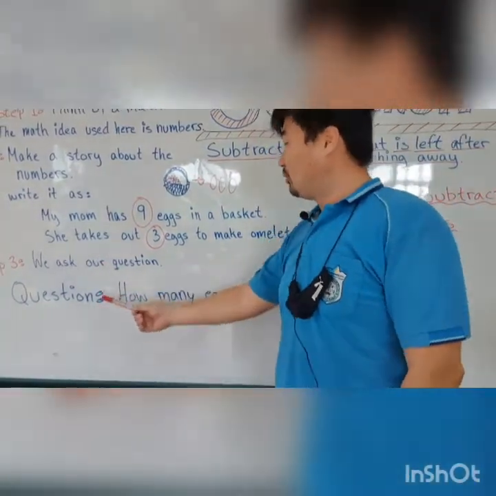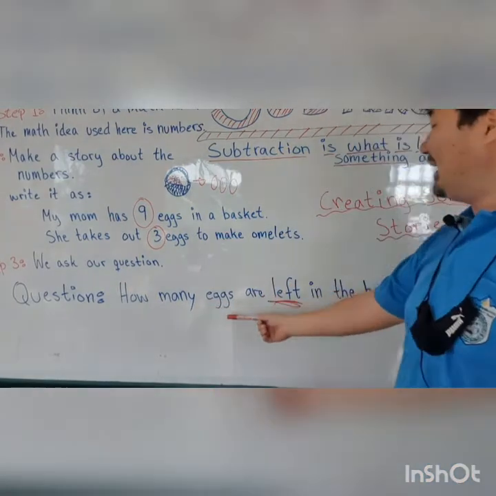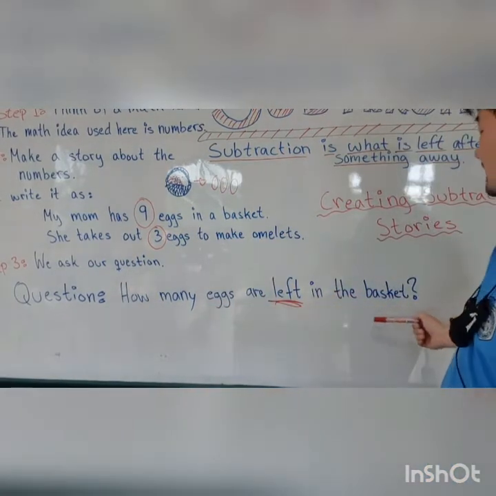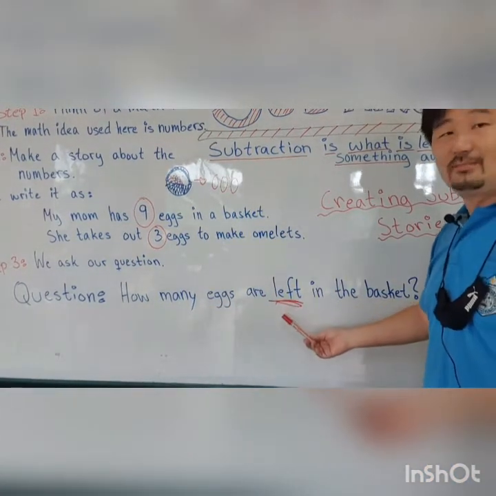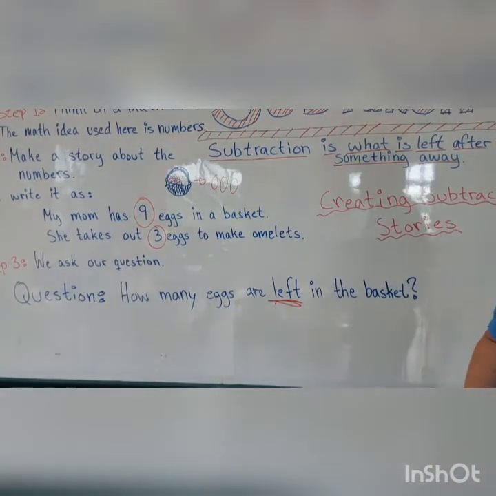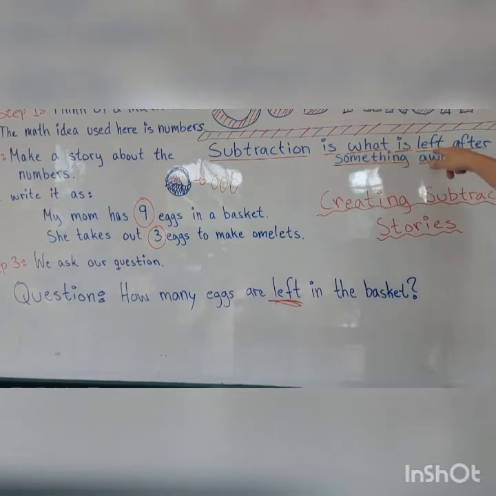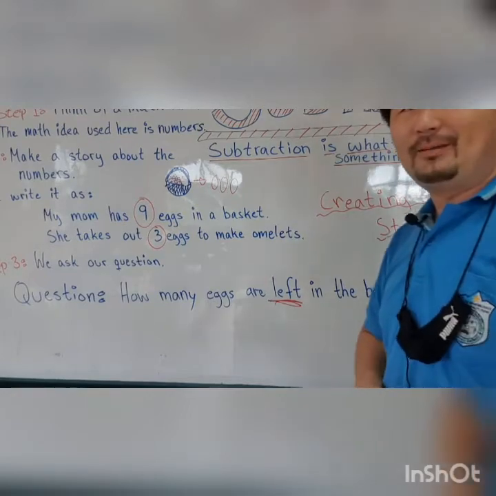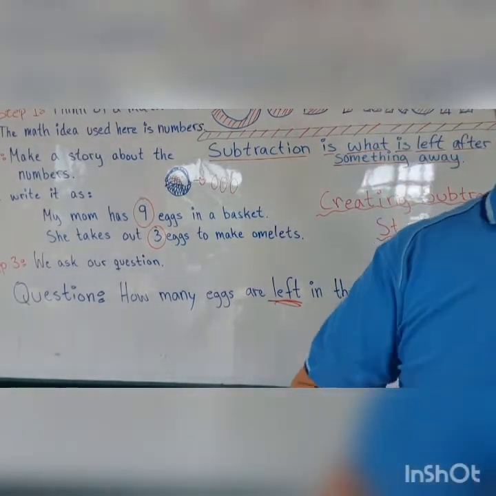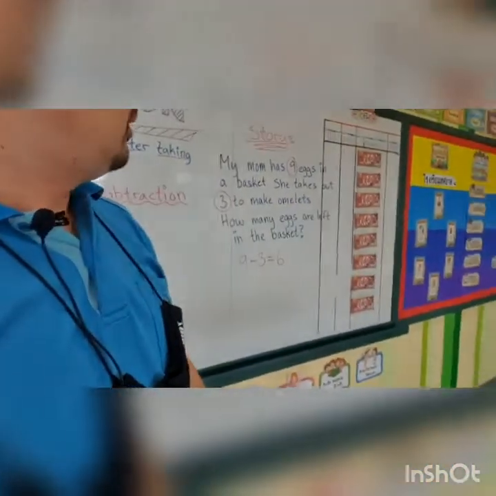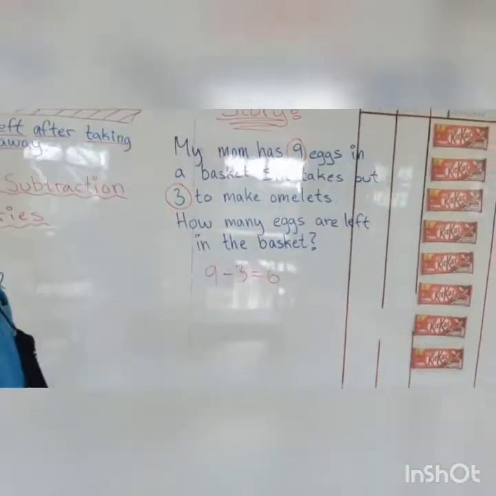The question is, how many eggs are left in the basket? And left is important, because that means you are dealing with subtraction. So subtraction is what is left after taking something away. Okay? Alright, good. Now let's move the camera over to the right.